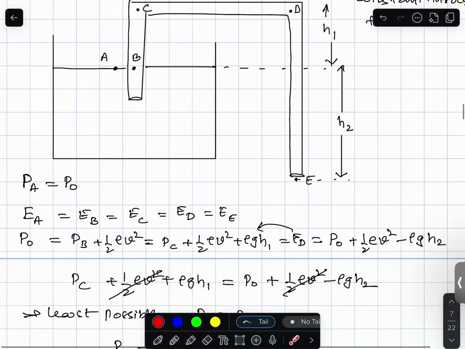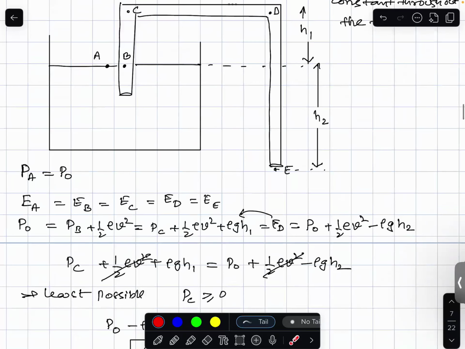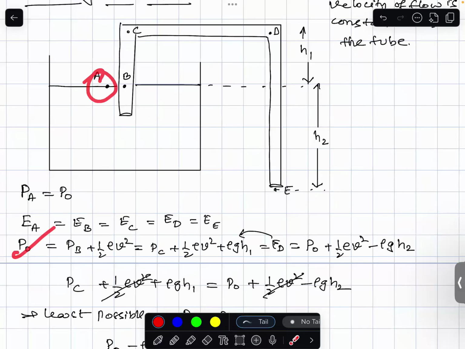Now, energy at A is simply atmospheric pressure. Energy at B, pressure energy plus kinetic energy. Energy at C, pressure energy, kinetic energy, gravitational potential energy. Energy at D, pressure energy, kinetic energy.